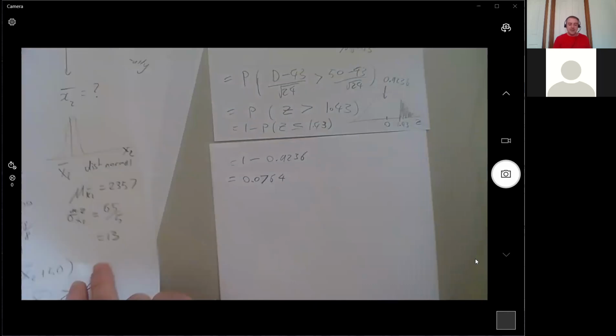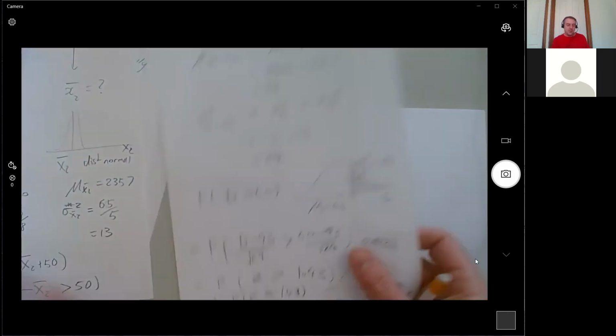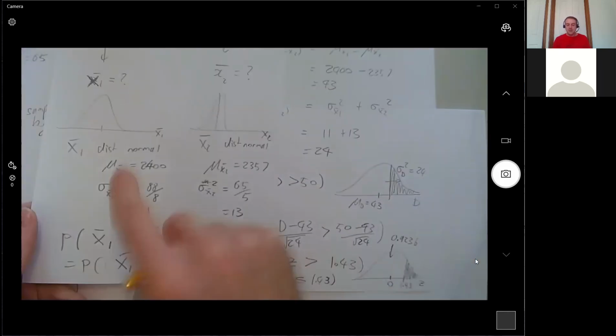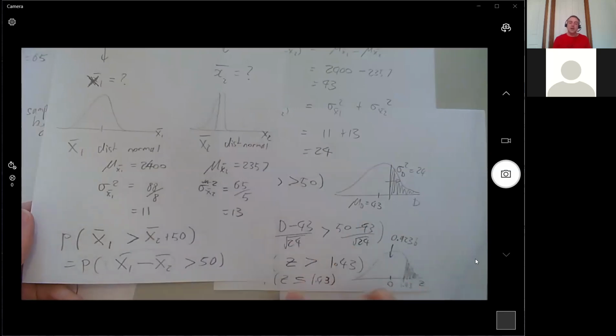So I wrote it a little bit differently to your lecturer. I found it a little easier to conceptualize what was happening by thinking about each distribution separately.